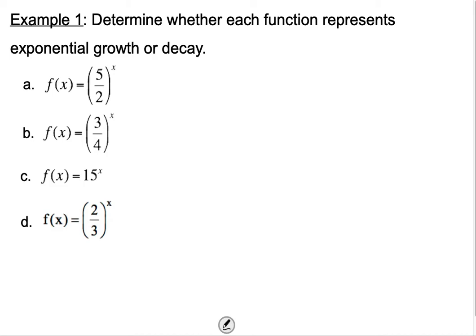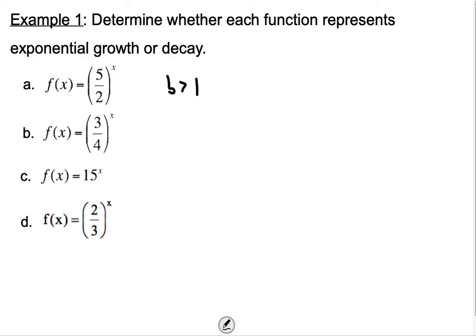So let's determine whether each function represents an exponential growth or decay. We just did 5 divided by 2, that's actually 2.5, and for 2.5, the b value is greater than 1. And so since b is greater than 1, it's considered a growth graph.